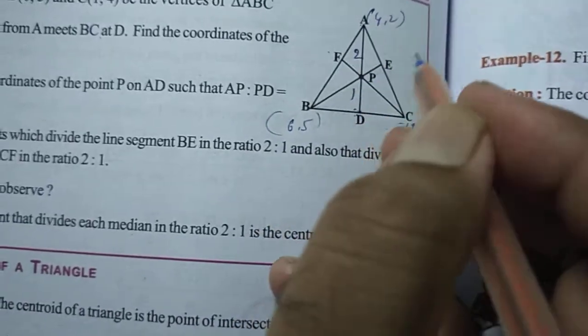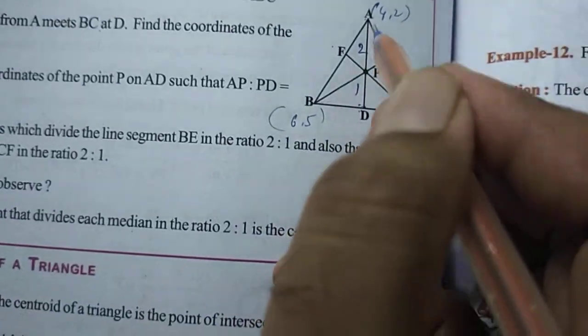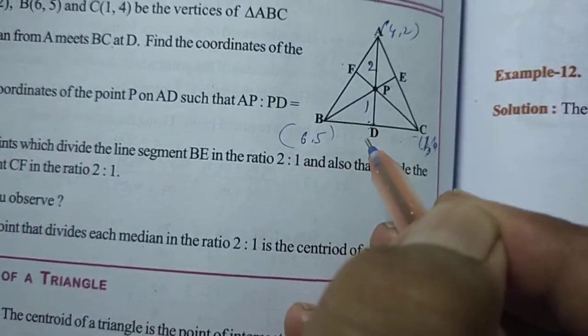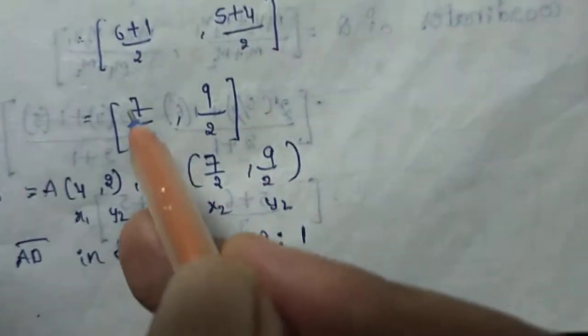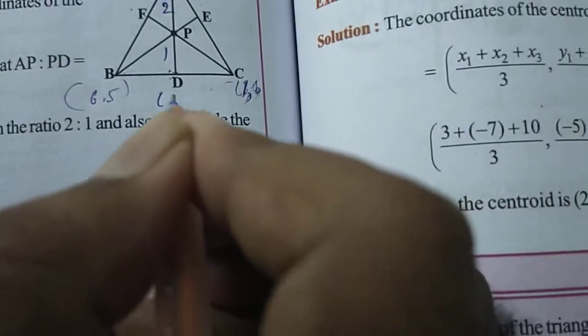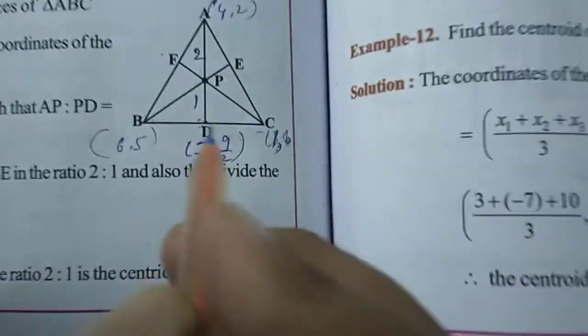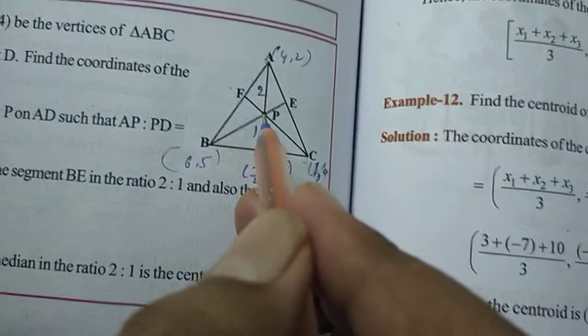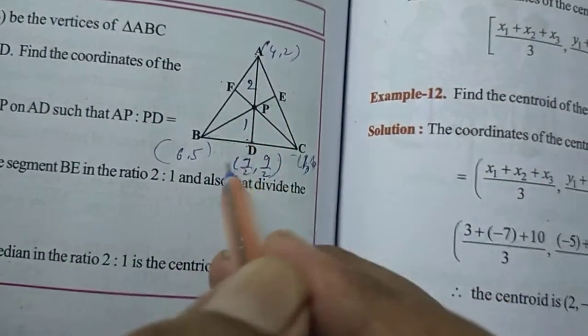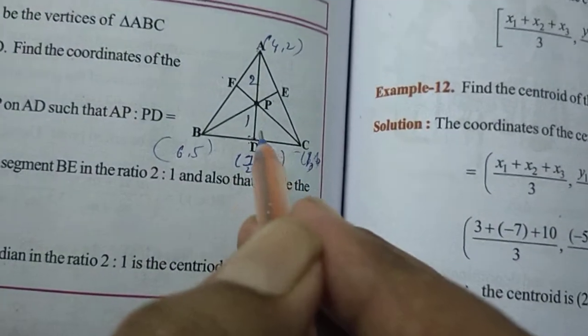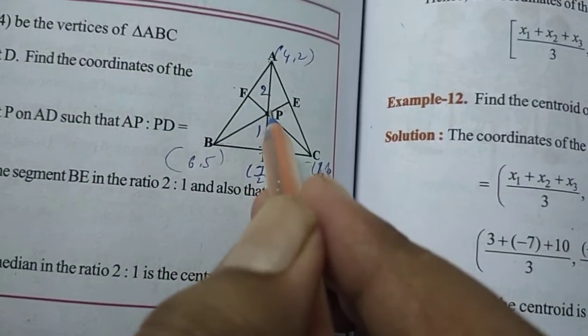P divides AD, and D we have already found: (7 by 2, 9 by 2). So P divides AD, with A (4, 2) and D (7 by 2, 9 by 2), in the ratio 2 is to 1.